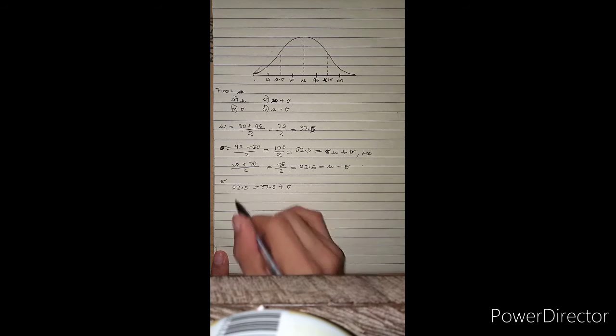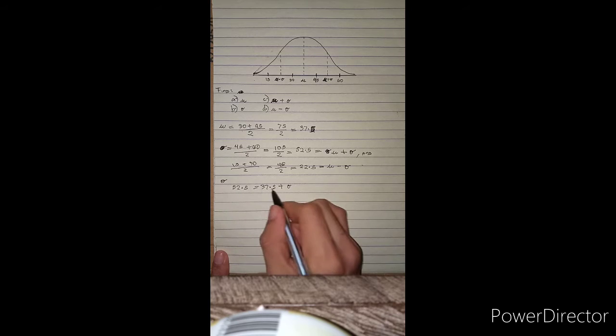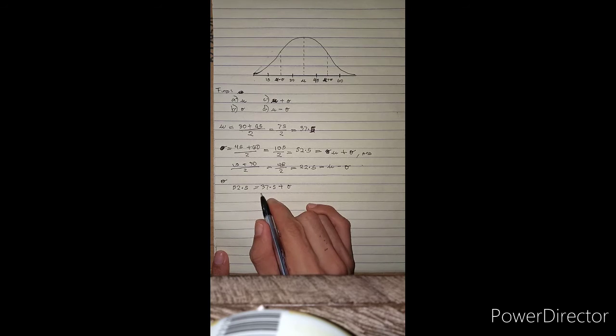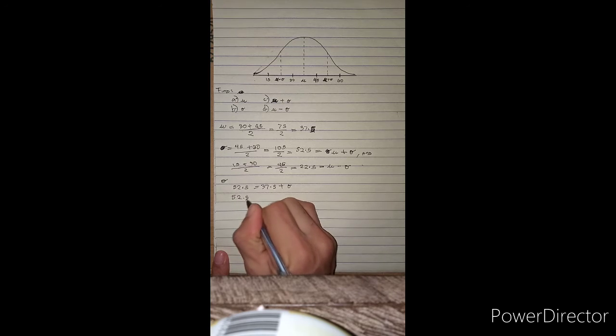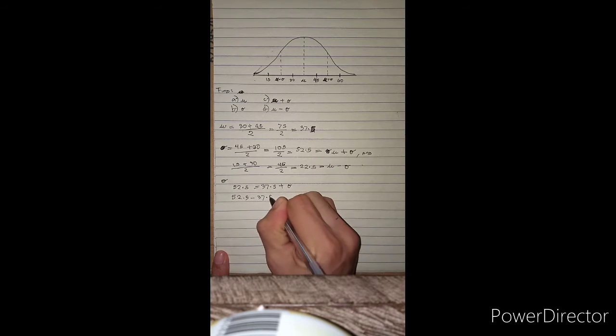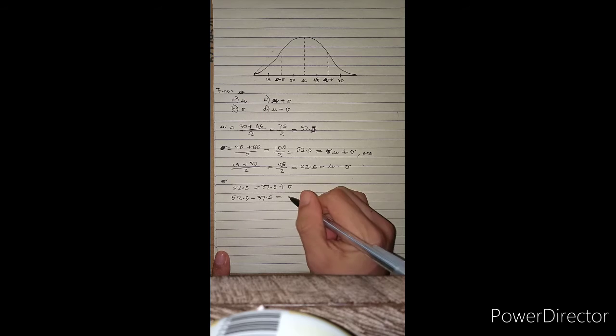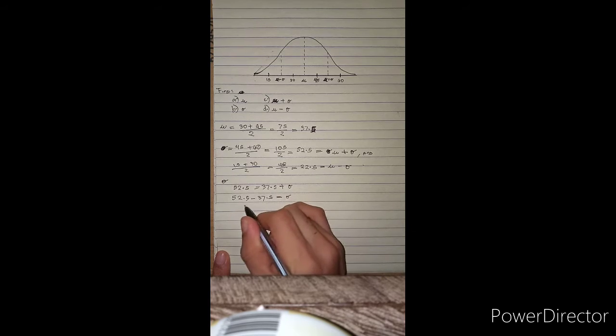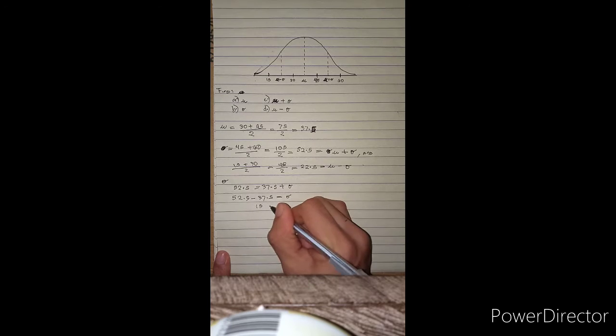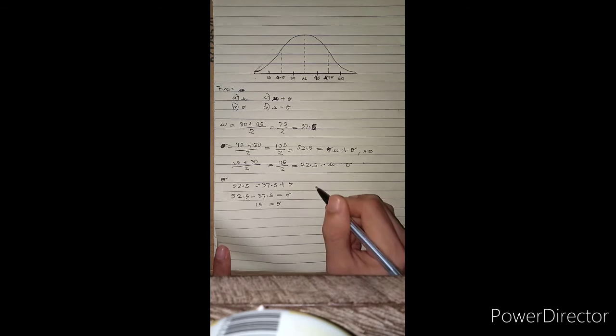Now we can make it this way. So transpose 37.5, we have 52.5 minus 37.5, which is equal to our standard deviation, and that would be equal to 15 is equal to our standard deviation.